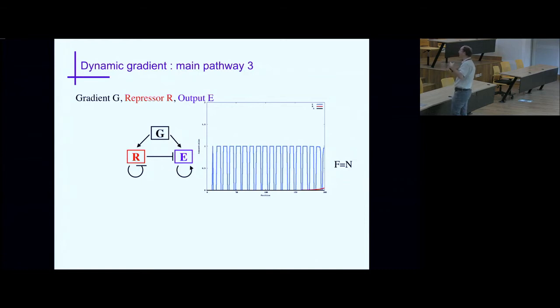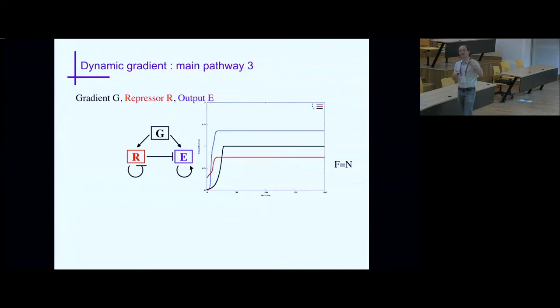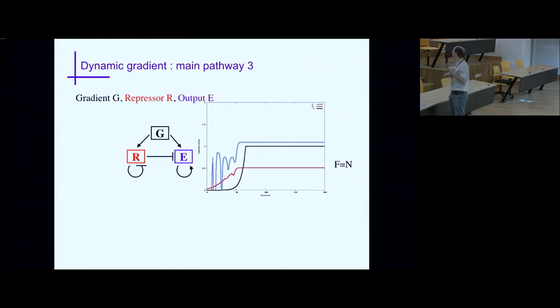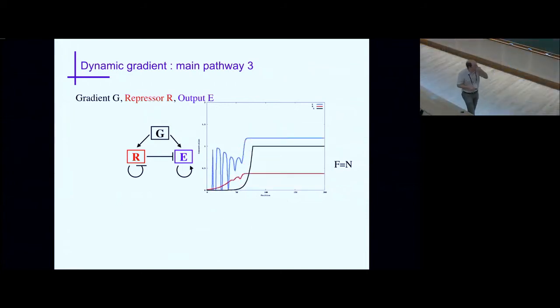So GRE is the submodule that is defining the stripe. And then, once you have a stripe module, upstream of this stripe module, essentially you make a clock with a negative feedback oscillator. And so this is what gives you this very nice and complicated pattern where you have morphogen moving, clock, stabilization of the pattern that makes many stripes.